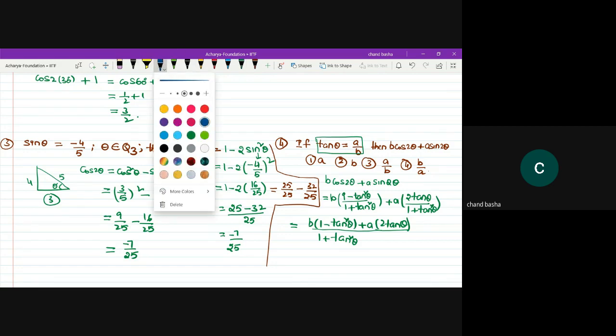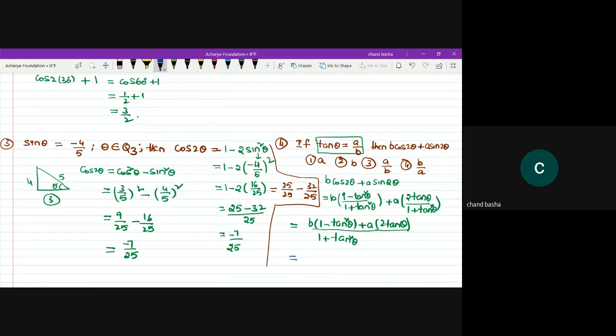A divided by B. This is equal to B into, be careful here, tan theta means A divided by B, but square is there, you can take square. Plus A is outside, 2 into tan theta, A divided by B. Denominator 1 plus A divided by B whole square.